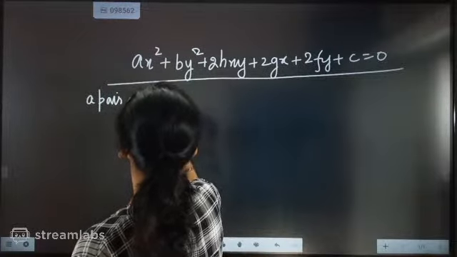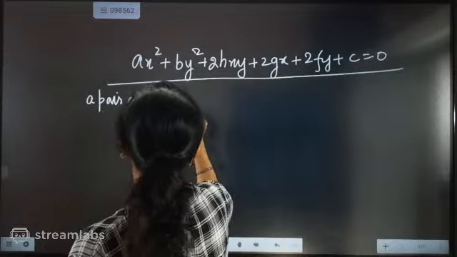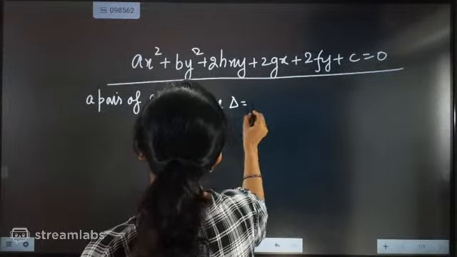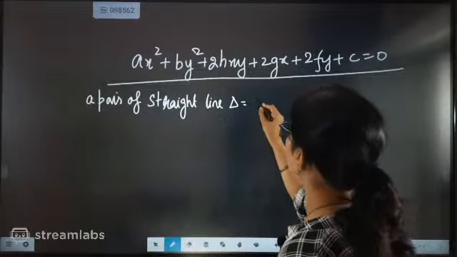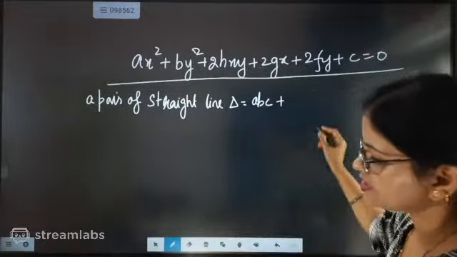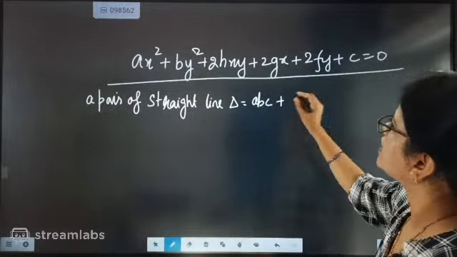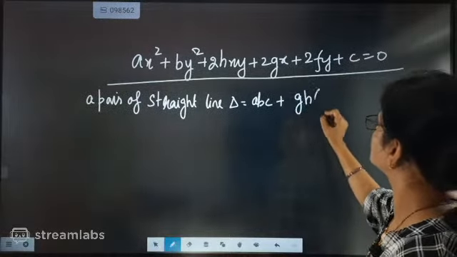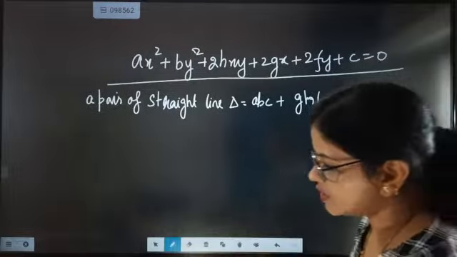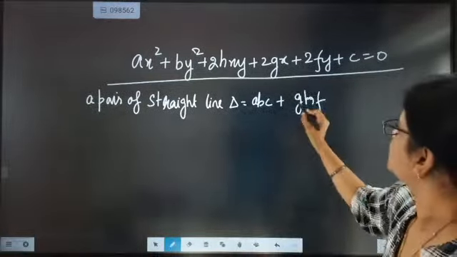When these coefficients are like a, b, c, and then f, g, h will be there. It is quite a confusing equation.